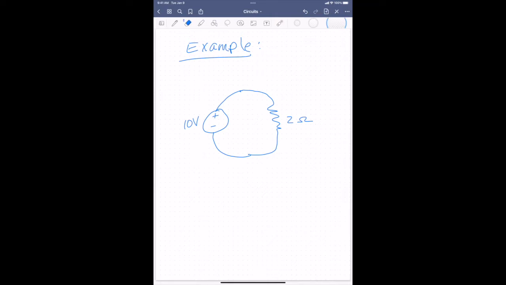So normally we would just draw this circuit. Let me go ahead and draw it with the square corners that would be typical. I just want you to know that that's not important. Okay, so let's go ahead.